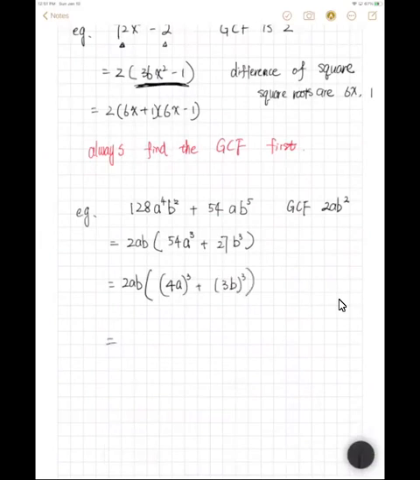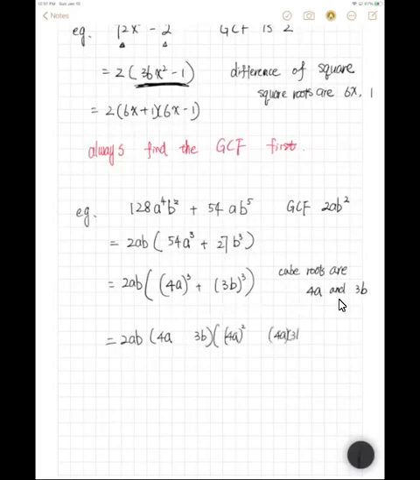And now they have the cube roots. The cube roots are what? 4a and 3b. So that we can factor it as (4a plus 3b) times ((4a) squared minus (4a)(3b) plus (3b) squared).